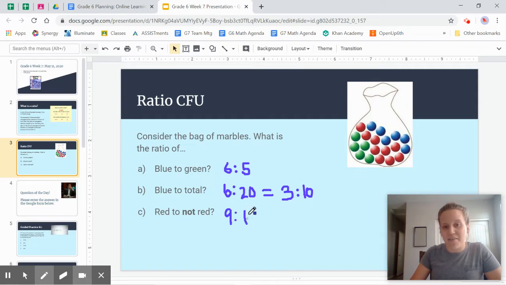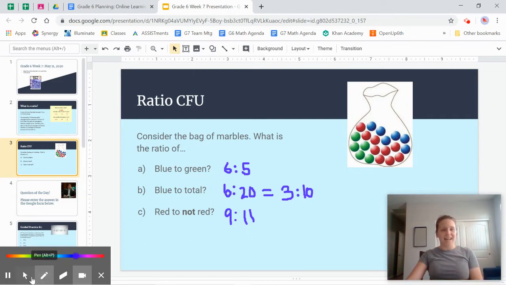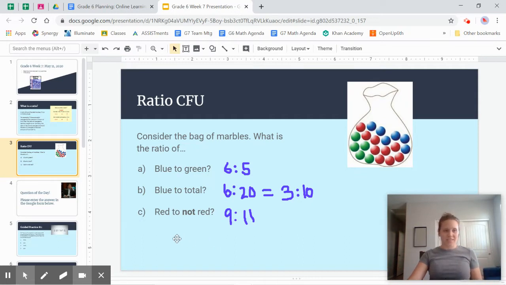Yes, there are 11 not red marbles. So the ratio of red marbles to not red marbles is 9 to 11. I can't simplify that one any more than it already is. Take a second to jot this on your paper so you have it as we move into our guided practice questions.